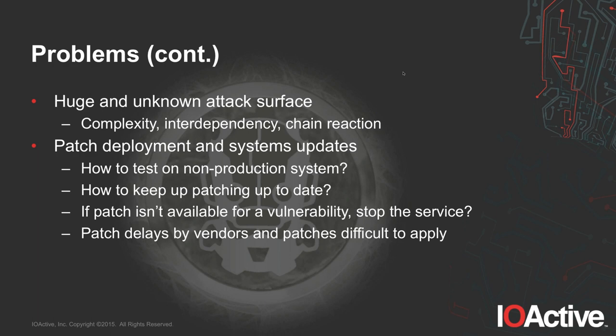This is a really big challenge, because how do you properly test the fix, so that after you apply it, it won't break everything and you won't end up with some infrastructure in the city not working? And how do you get the patch on time, so you don't have to live with a vulnerability in a system that you can't stop because it's a critical system, so you need it working?